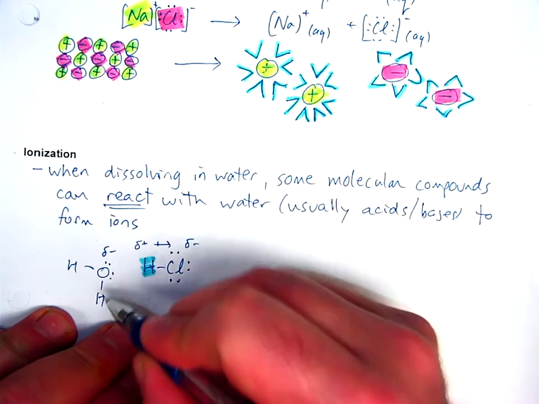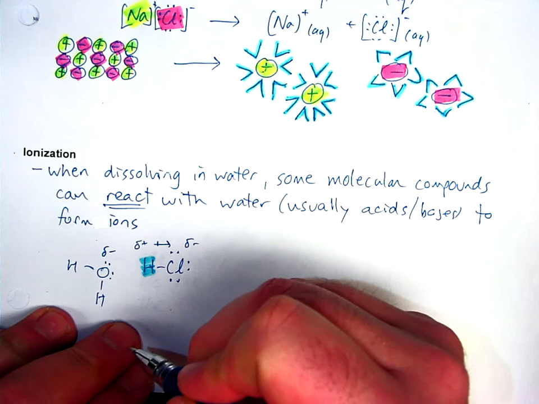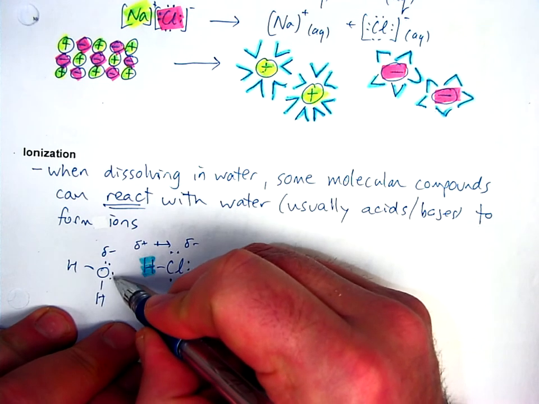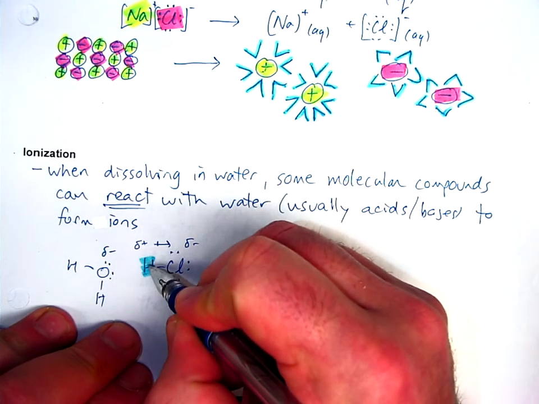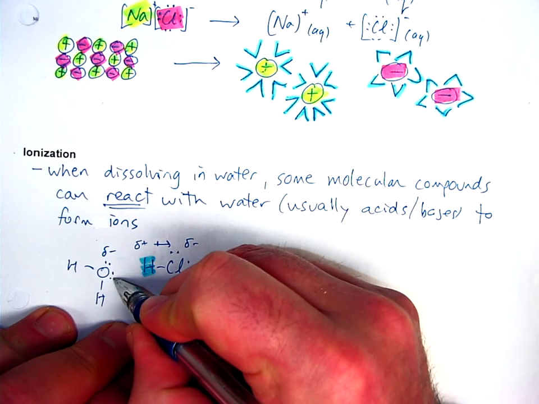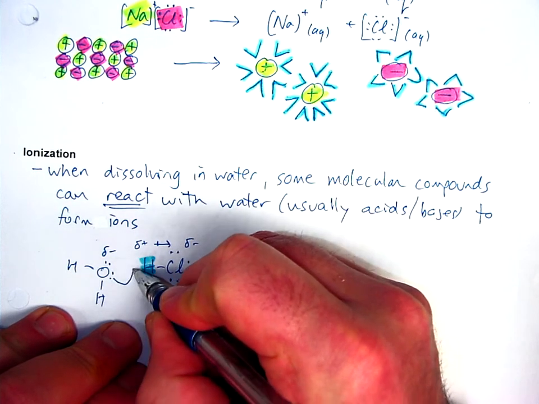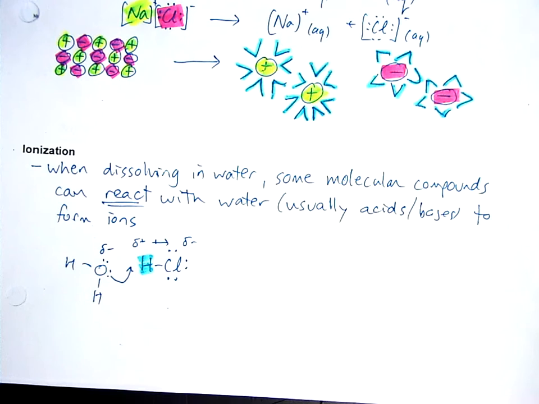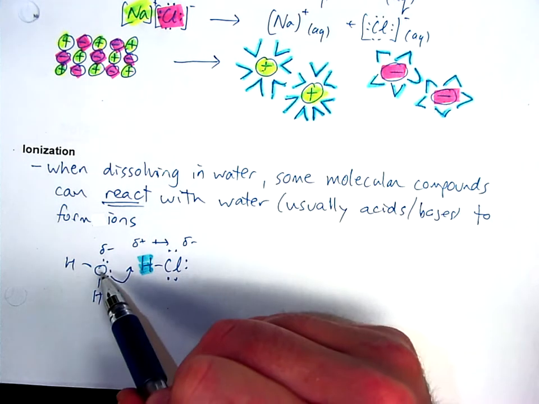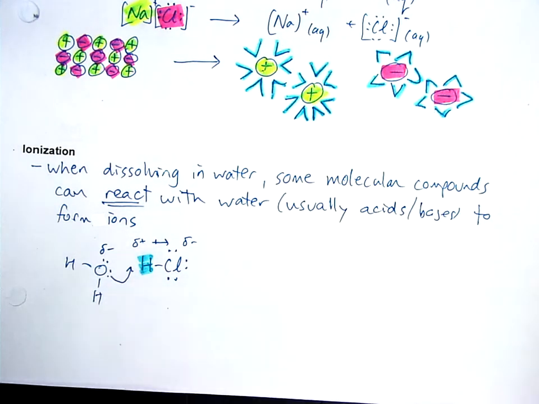But the other thing about water is it's got some lone pairs here. Those lone pairs are drawn towards the positive charge of hydrogen and can start to form a bond between the oxygen here and this hydrogen. But hydrogen only likes one bond at a time.